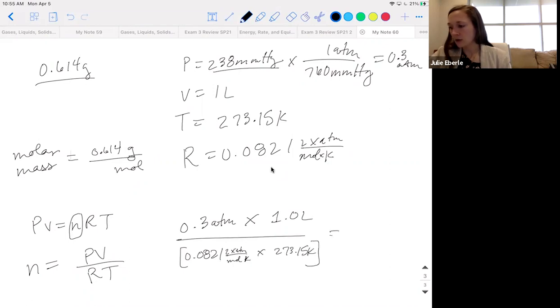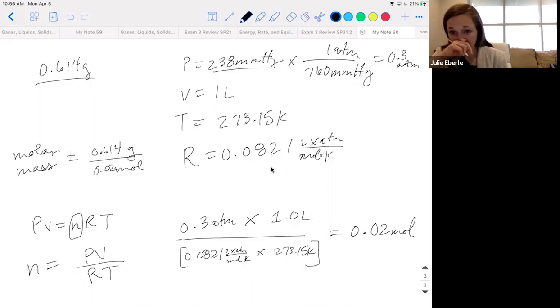Okay, what do we get? How many moles of gas is that? It's a great problem. 0.02 moles. And then you just plug that number right there.